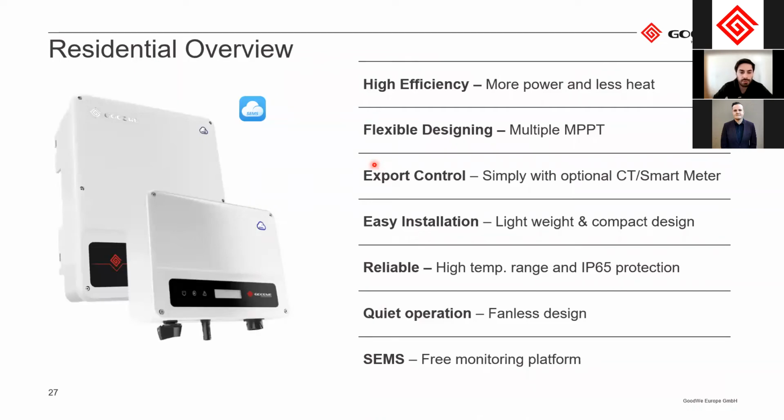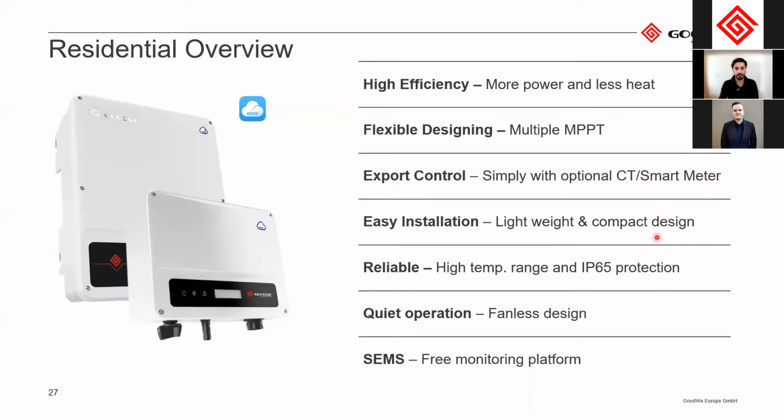So, a short overview before we have our next quiz. Our residential inverters have high efficiency, which makes them produce more power and less heat, partly due to our special cooling system. They also have multiple MPPTs, at least the DNS and the STTG2, and they all have this power export limit function, either with CTs or a smart meter.